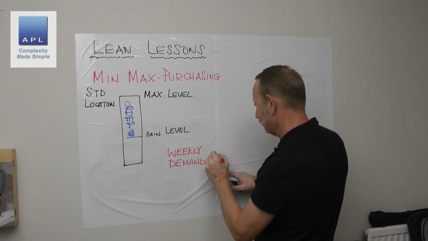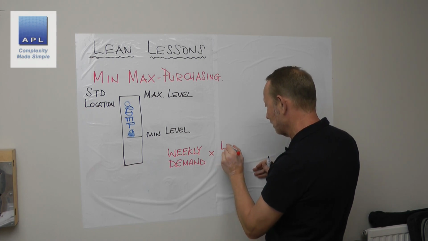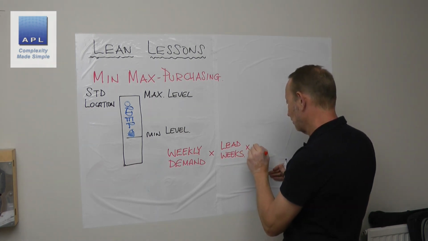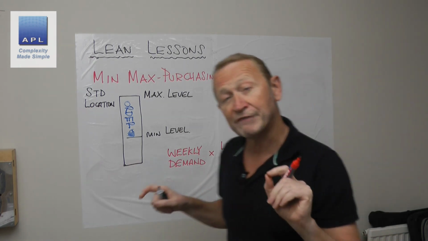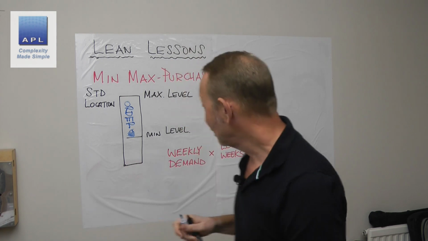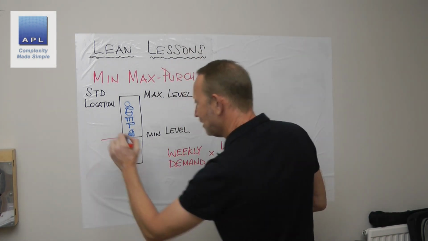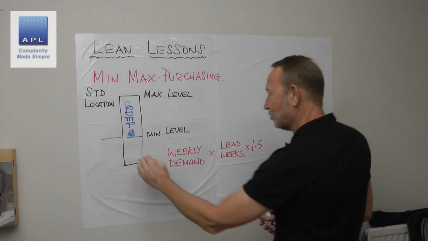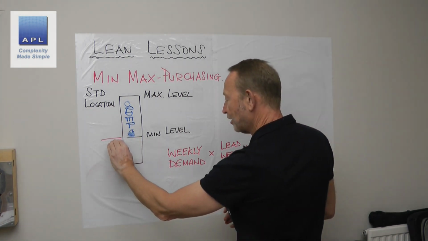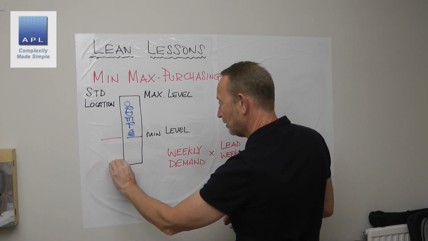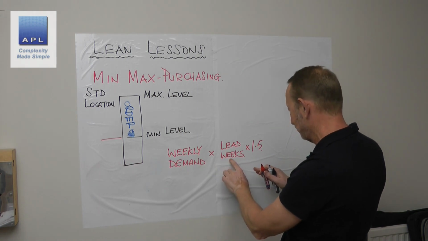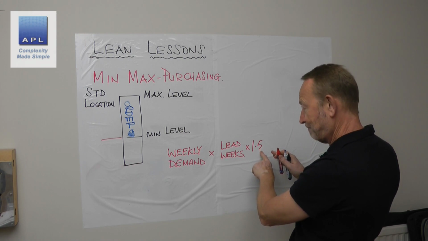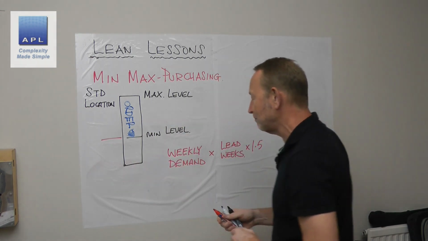I'm going to take the minimum level first, multiplied by the lead time in weeks, multiplied by 1.5. Of course, the 0.5 gives me 50% safety stock. So that would be how I work out my minimum level. Because the minute I hit the trigger, I need to have stock that I'm going to consume before the delivery arrives. So it's the demand multiplied by the lead time in weeks, and then add in that little bit of 50% safety stock. That would be my minimum level.